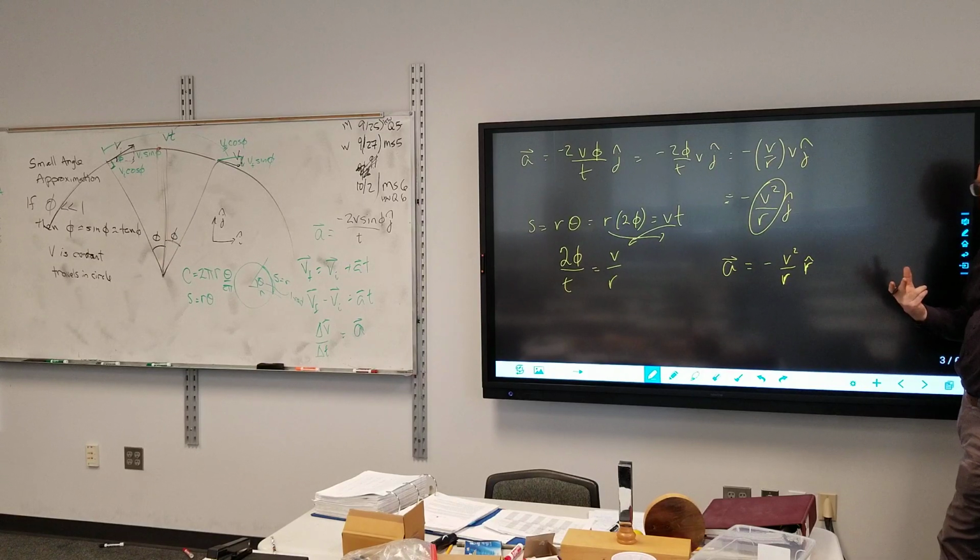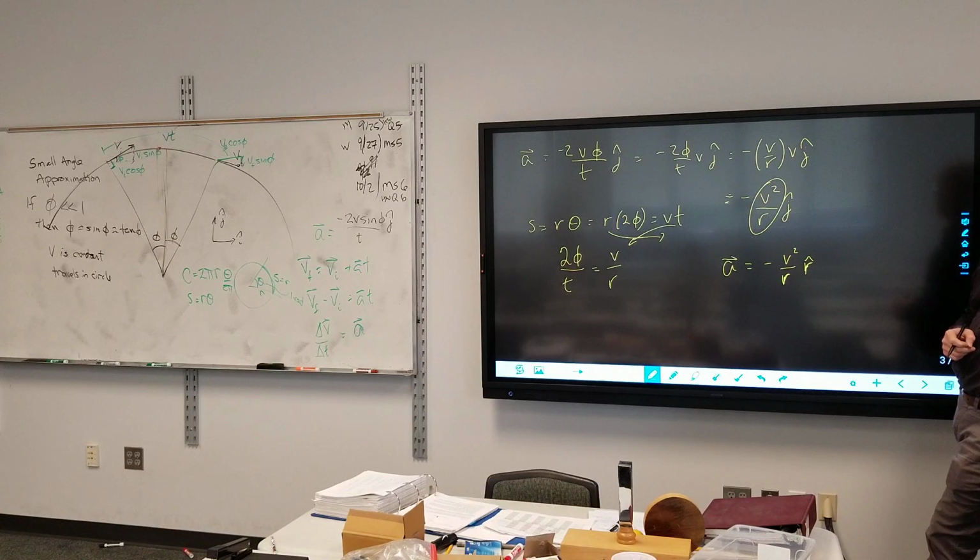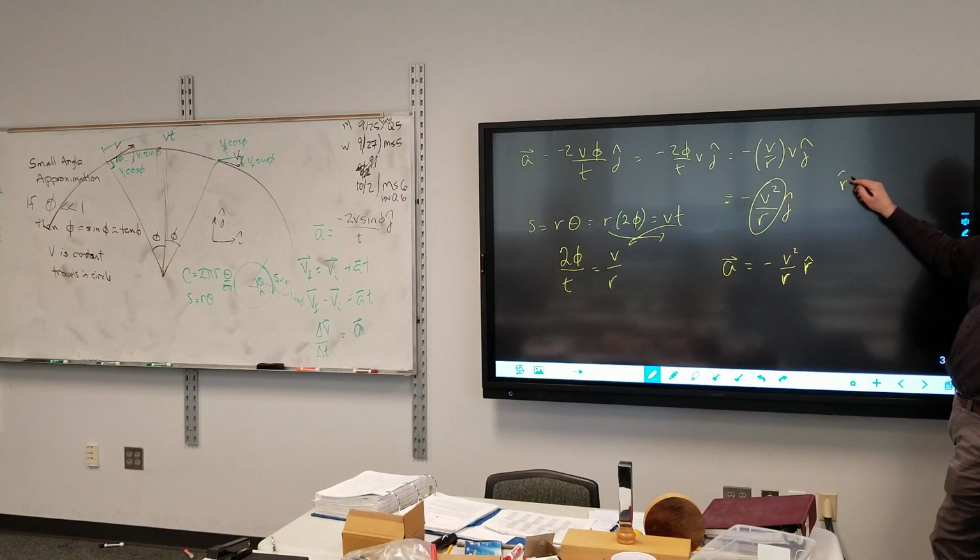Now when we dealt with i hat and j hat, we had specific directions. We would define i hat and j hat. R hat is a little bit of a special unit vector in that the only thing we have to define with r hat is the center. R hat is a unit vector away from the center.